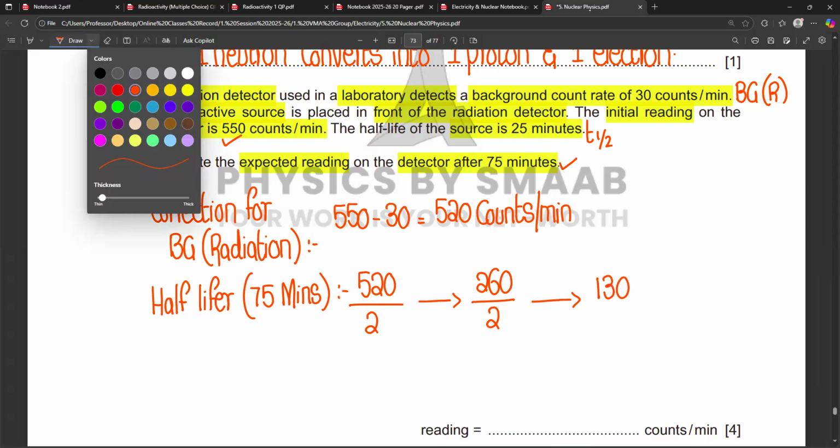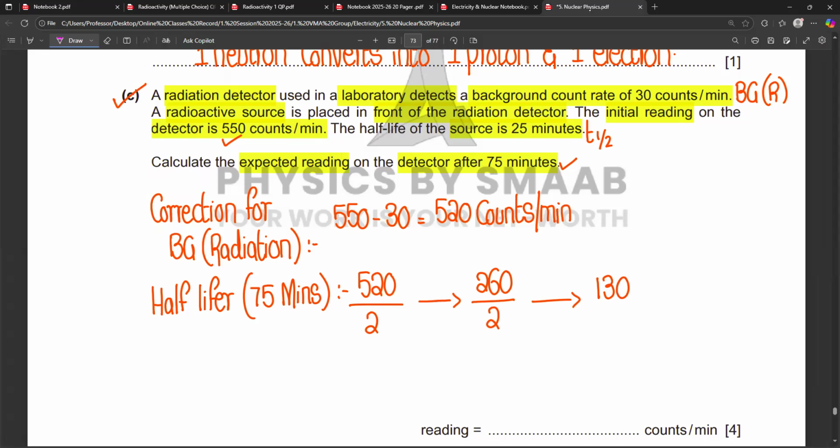In the first half-life, it takes a total of 25 minutes. This is the first half-life. And then in the second half-life, it further takes 25 minutes. 25 plus 25 is equal to 50. So you will get the next half-life after 50 minutes.